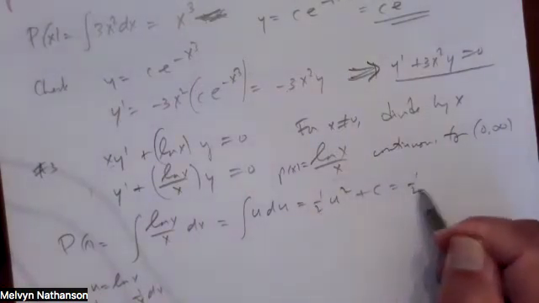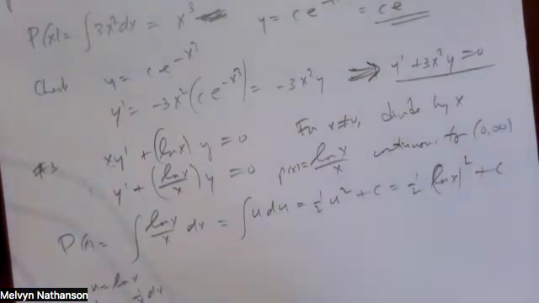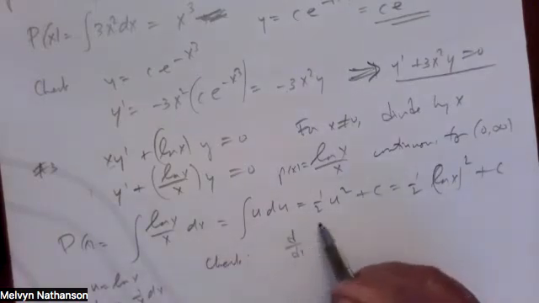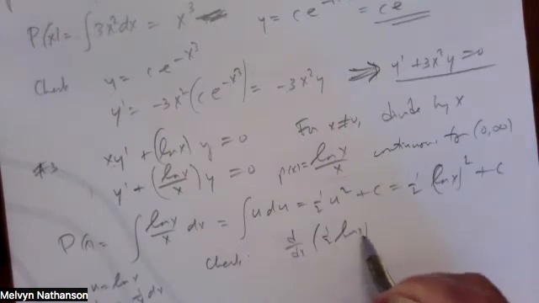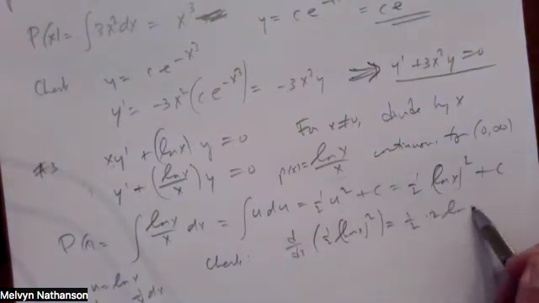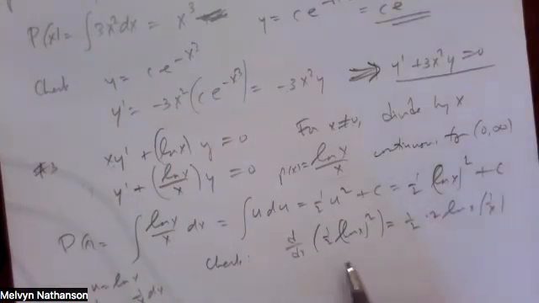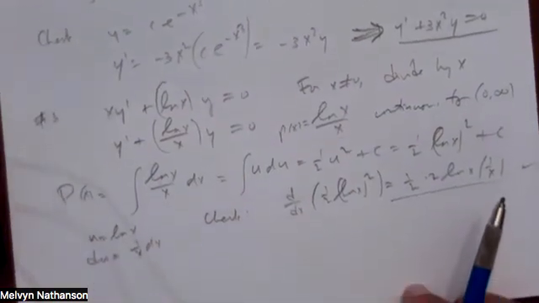And that's a half log x squared plus a constant. And you can check. The derivative of a half log x squared is a half times 2 log x times the derivative of log x, which is 1 over x, so log x over x, just what it's supposed to be.